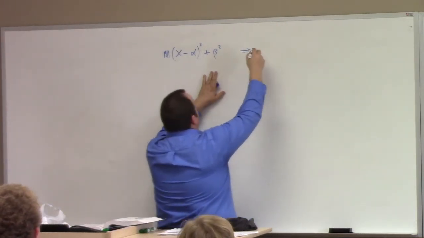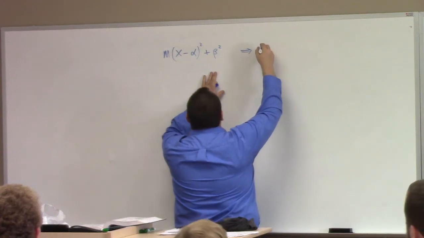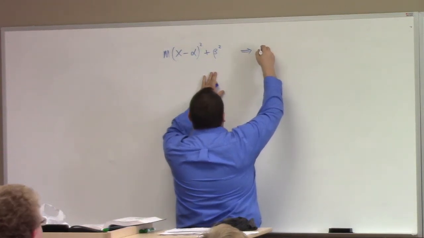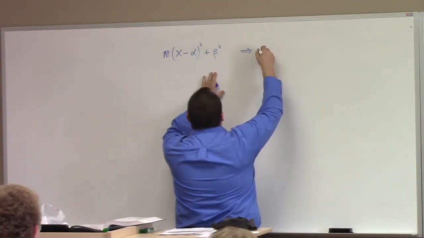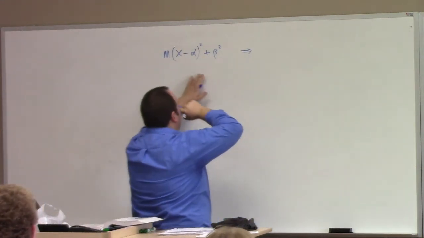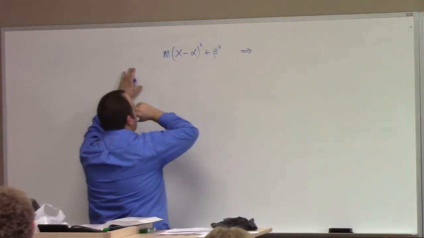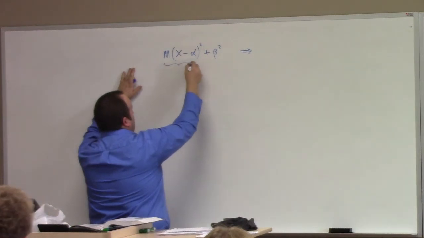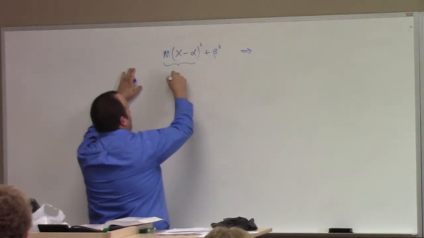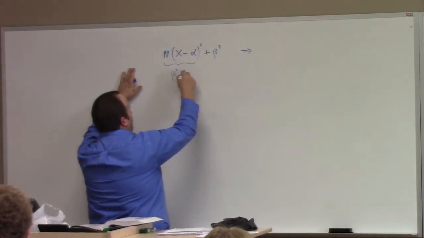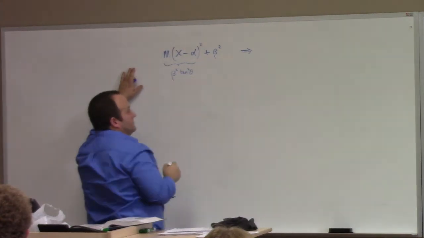See, what I would do is, basically, I would want this to function like beta squared tangent squared theta, right? That's kind of what I want.